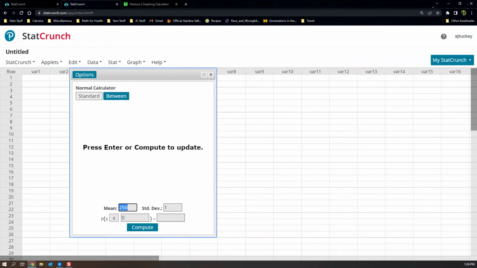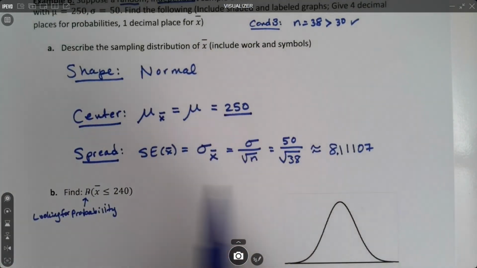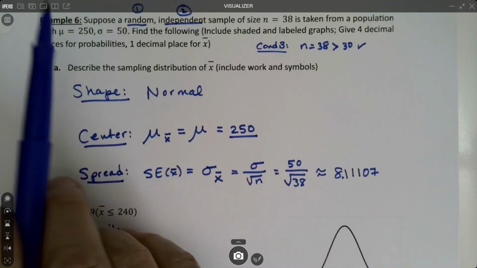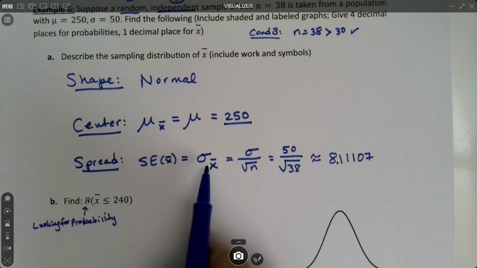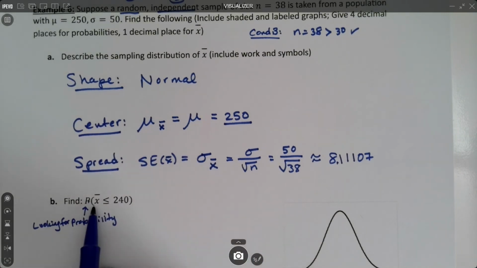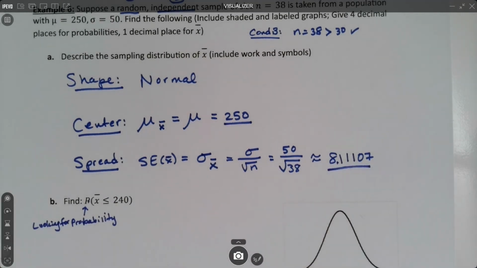That's mu, because that is this value right here. But the standard deviation is no longer the standard deviation that's given. You don't use 50. You use the standard deviation of the sampling distribution of the x bars, because we're talking about an x bar here, not an x. So you have to use this value. So let's make a note. I'll just kind of star it in red.